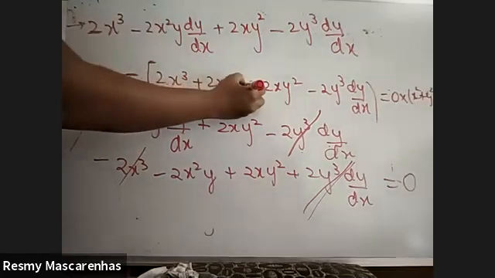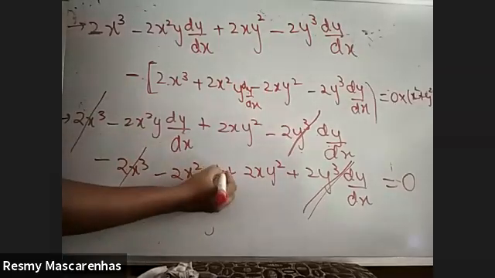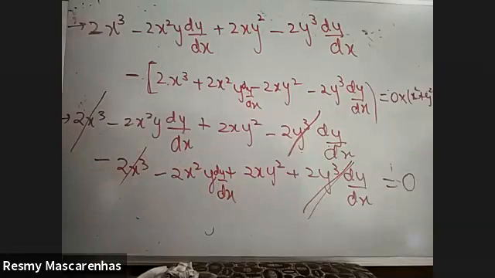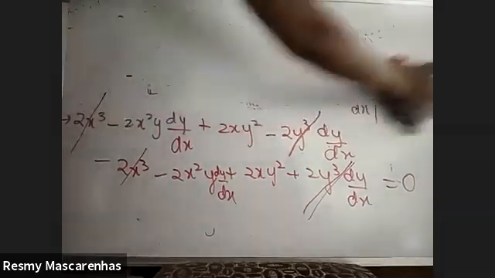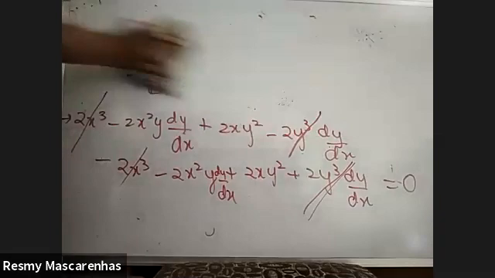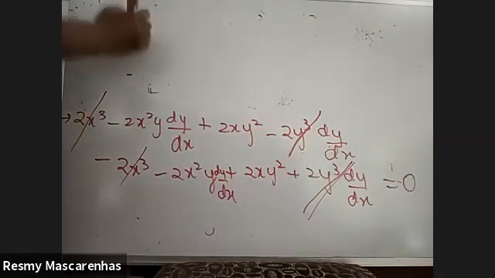Yeah, I forgot to write dy by dx there. Okay, this is dy by dx. So total how much will you get?